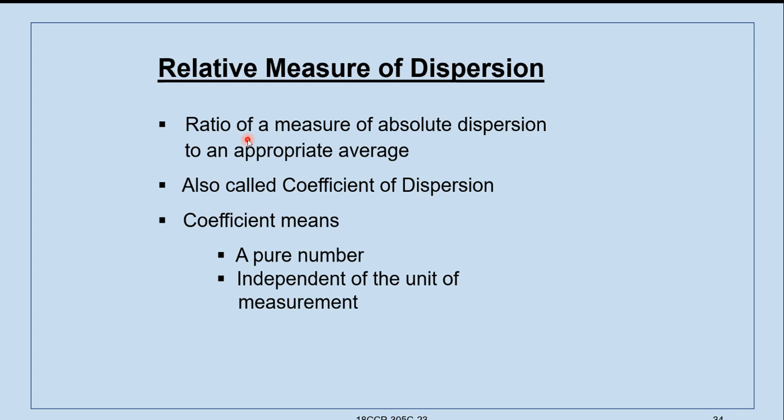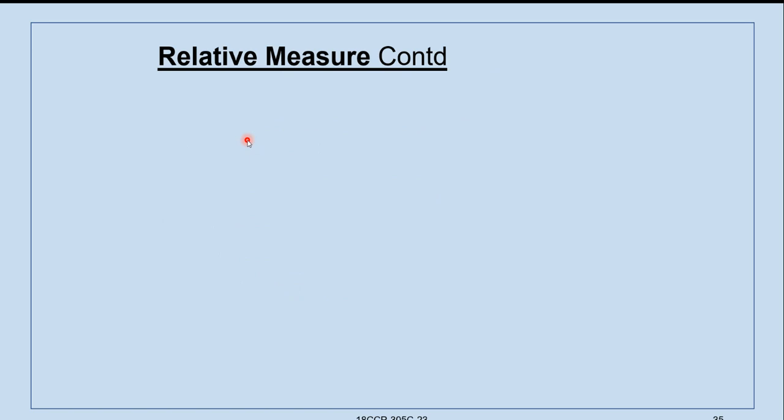Coefficient means a pure number independent of the unit of measurement. So, whatever the measurement may be, we will measure the percentage of variation. We can take liters and kilograms and measure, but we will measure the percentage of variation. Why they are different and how much they are different in percentage.